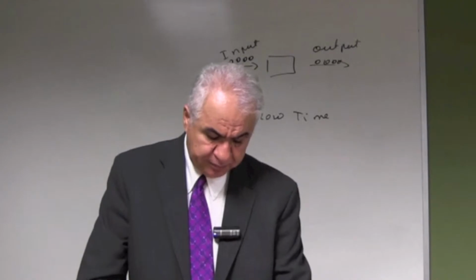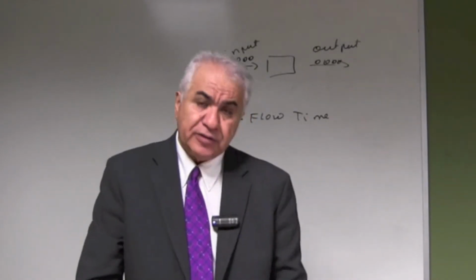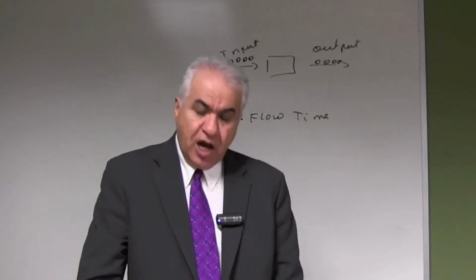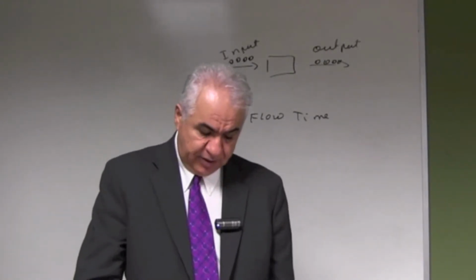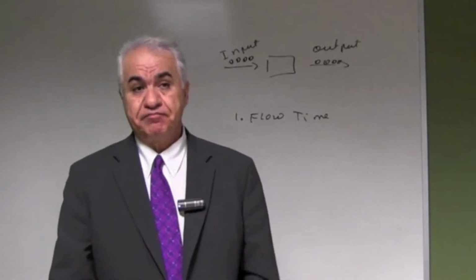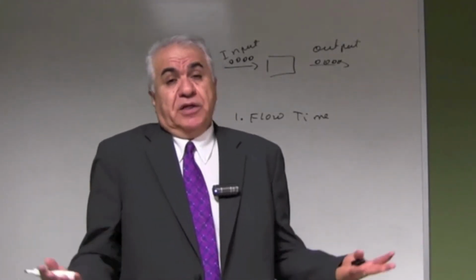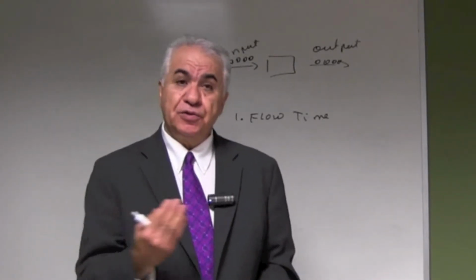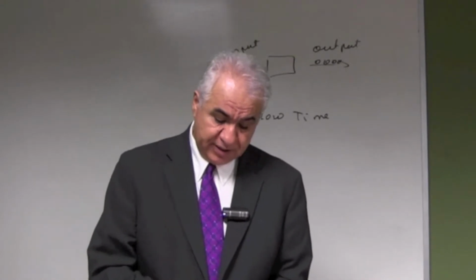Then the second question is, on average, how many flow units pass through the process per unit of time? Any process manager would like to know, on average, how many units go through the process.